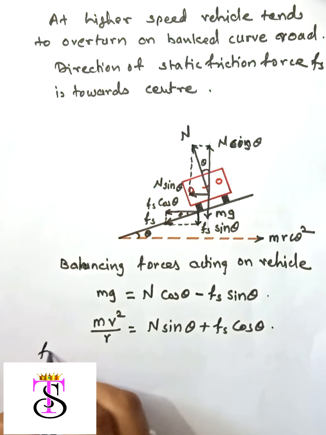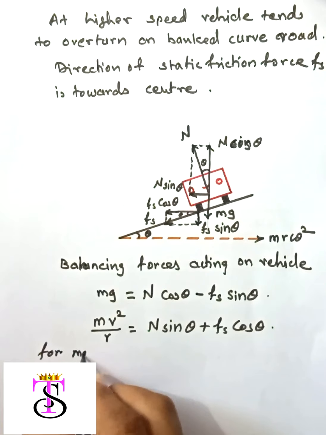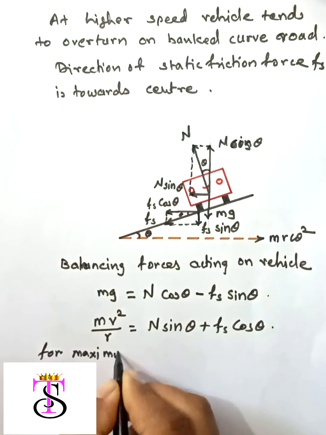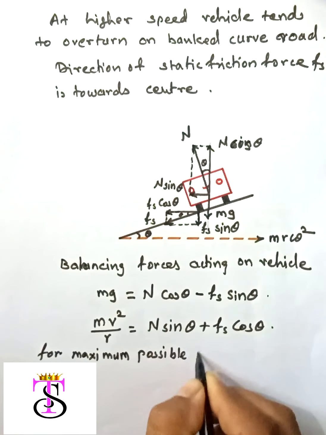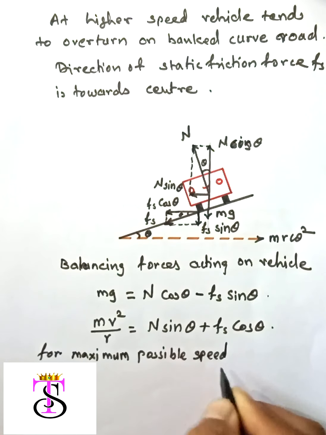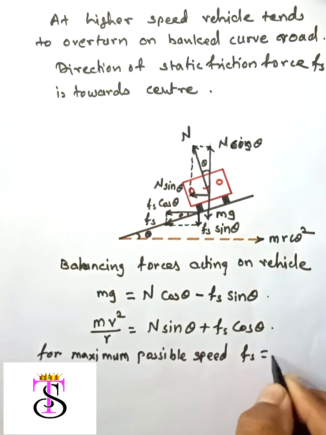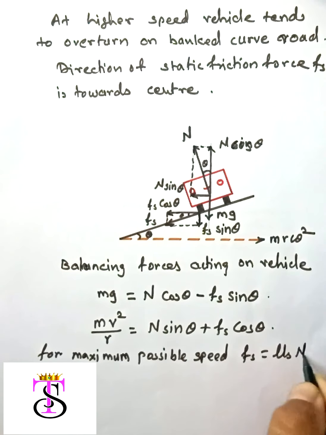For maximum possible speed, Fs is equal to mu s n.